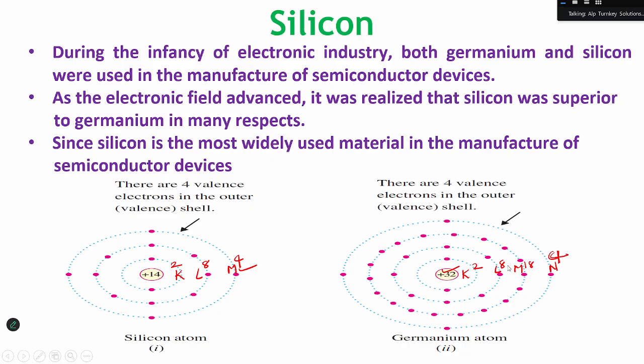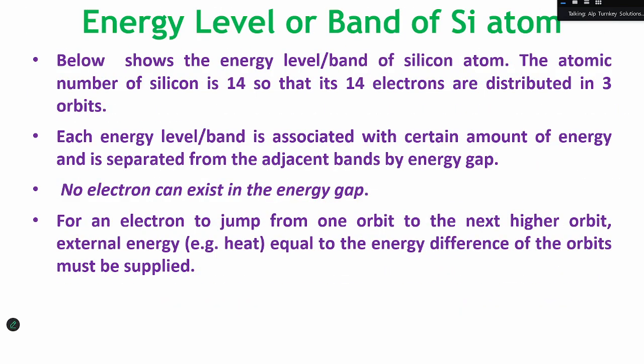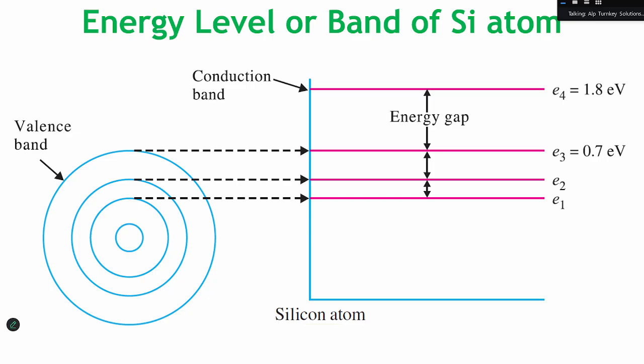As the electron moves away from the nucleus, the energy will increase. It is easy to remove 4 electrons from the N shell, and it is difficult to remove the 4 electrons from the M shell. So that is the main reason.